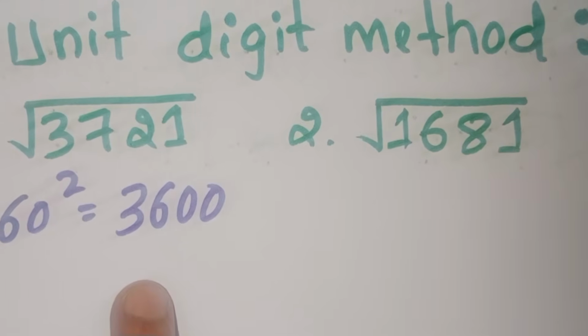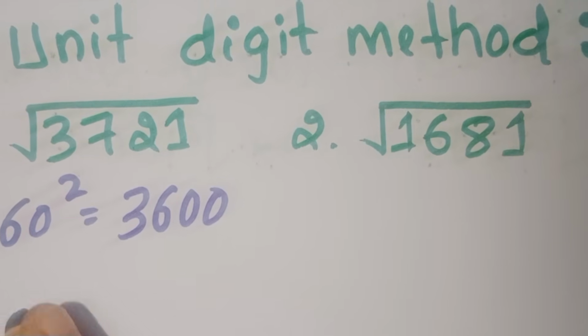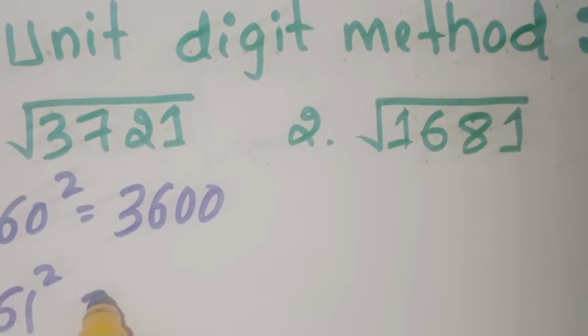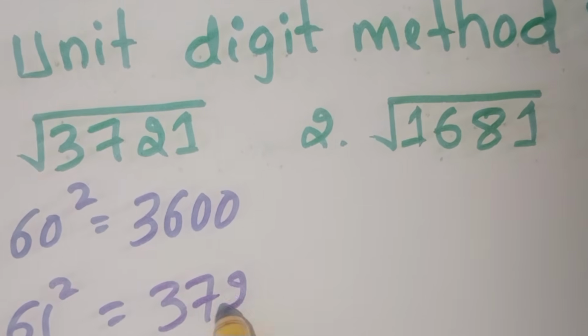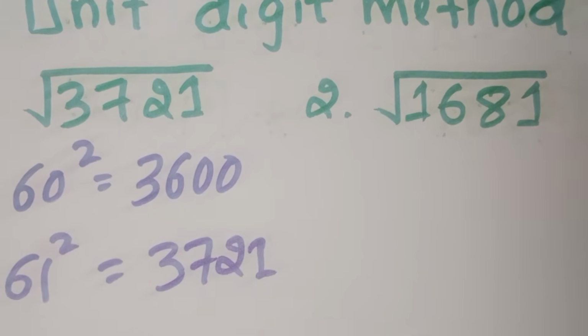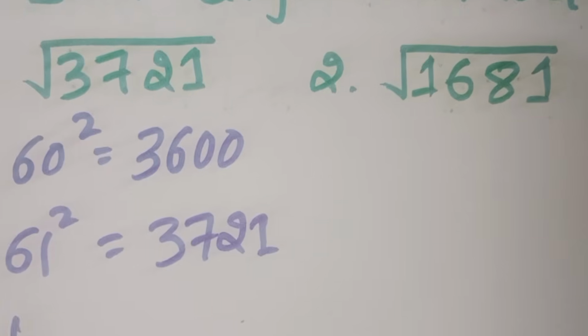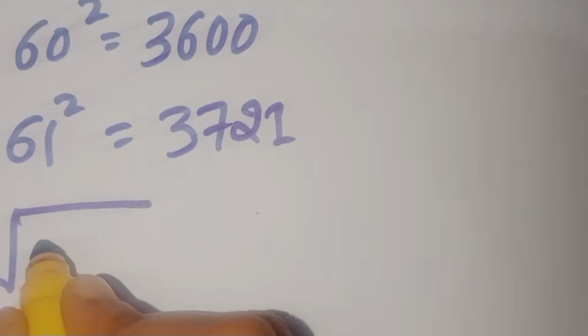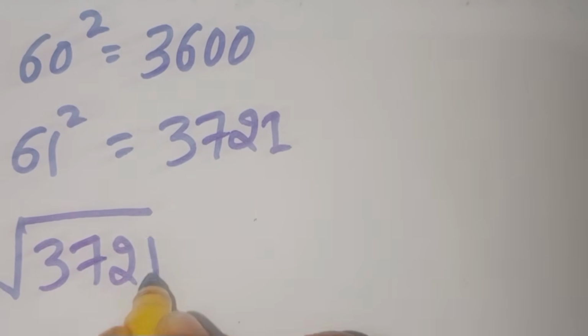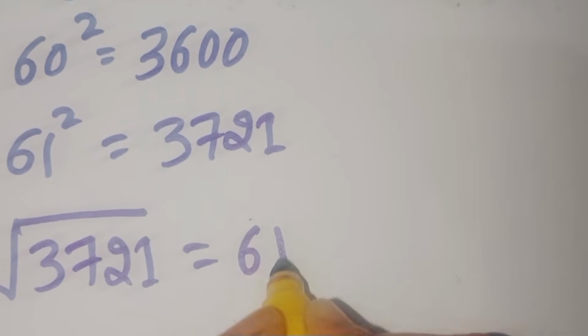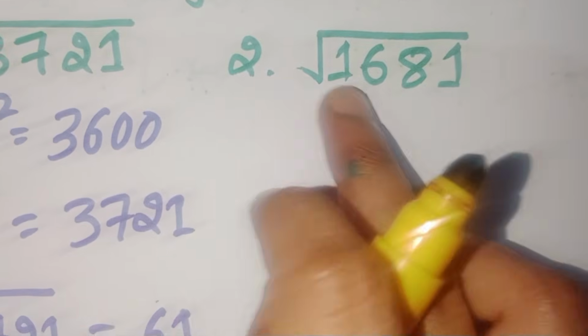So the root is slightly more than 60. Try 61. 61 square is 3721. So the square root of 3721 is 61.